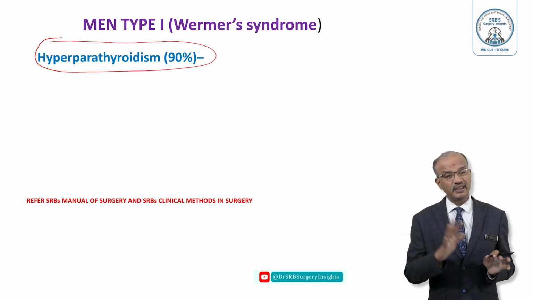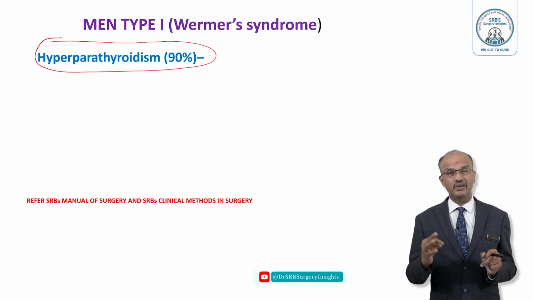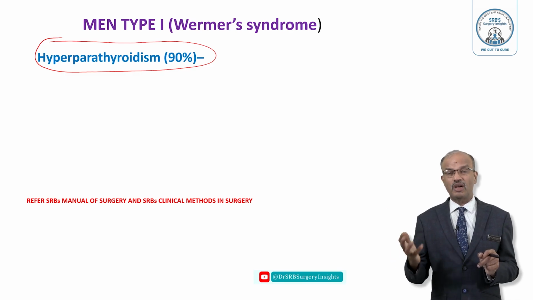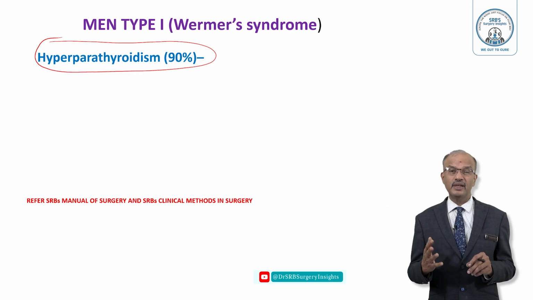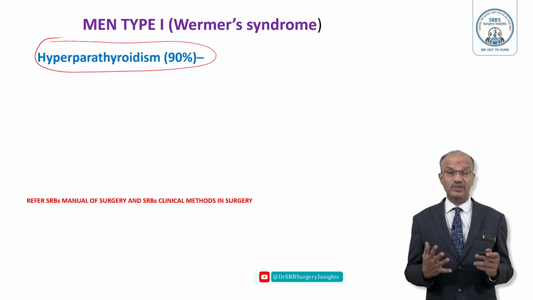Here it is endocrine tumor, endocrine cells. They secrete insulin, glucagon, gastrin, gastrointestinal polypeptide, pancreatic polypeptide. So many things are there. They are endocrine secretions directly into the circulation.